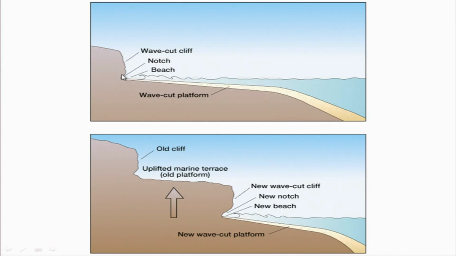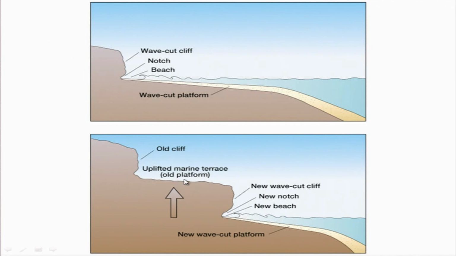Such evidence of the wave cut cliff and sea notch is seen in such a fashion where we have one platform and the present platform here, and we have an older cliff and sea notch, and a younger cliff and sea notch. This clearly indicates that this portion experienced a paleo sea level, or ancient sea level, up to this place.